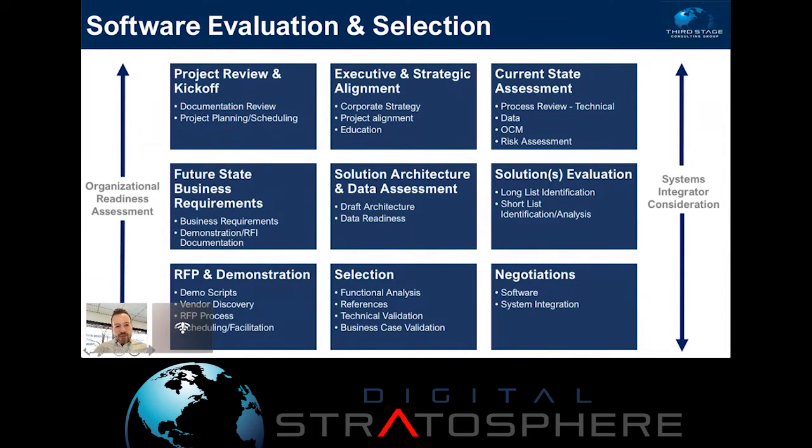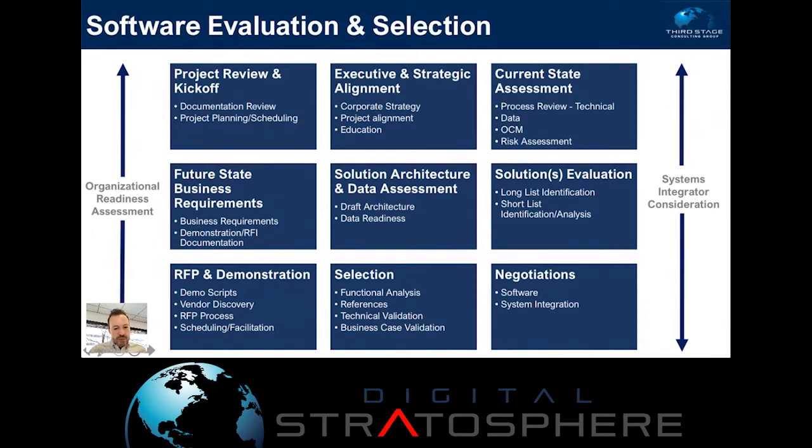So that's a bit of an overview of the general evaluation and selection process and how we walk through it. Generally, if a client's starting at the very beginning and they haven't done any work and they're hiring us to help start the evaluation process from scratch, depending on the size of the company, it could take anywhere from 2 to 3 months for a smaller organization to 6 to 9 or more months for a large multinational organization.